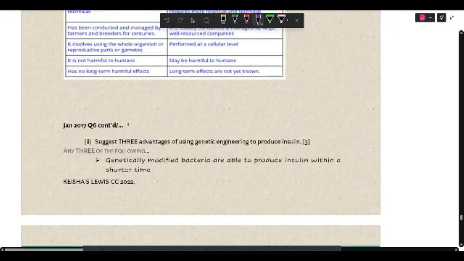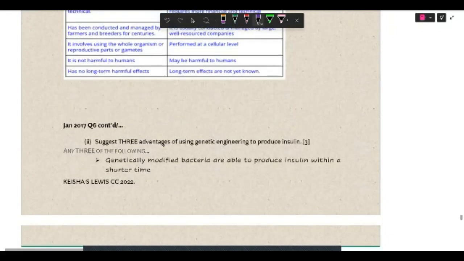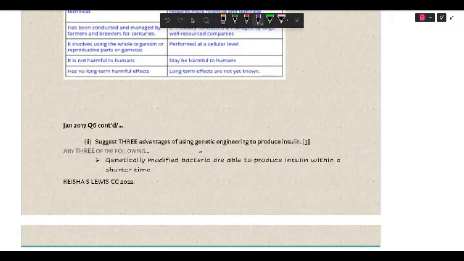Don't worry, the actual ebook will be a little more organized. But this question is asking you to suggest 3 advantages of using genetic engineering to produce insulin, as opposed to before, when they used to extract it from pigs and cows and use that to treat patients.